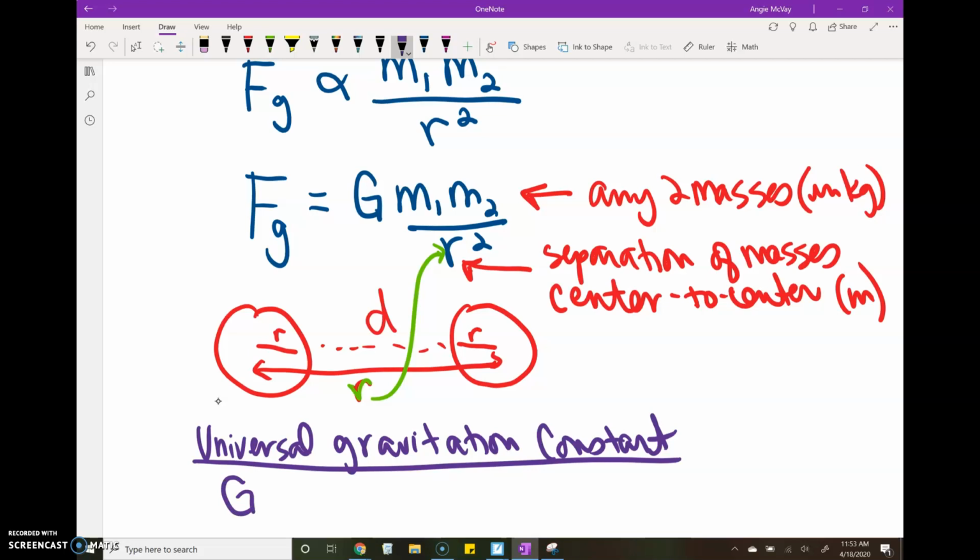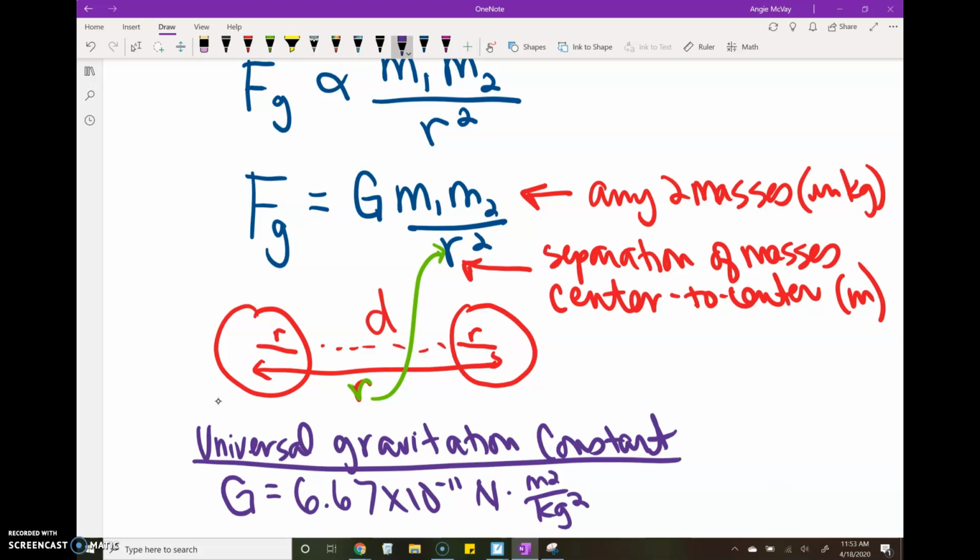Capital G, specifically in physics, is this universal gravitation constant, and it's equal to 6.67 times 10 to the minus 11. You can remember it because it kind of rhymes, right? 6.67 times 10 to the minus 11. And as units don't super matter, it's newtons times meters squared per kilogram squared.